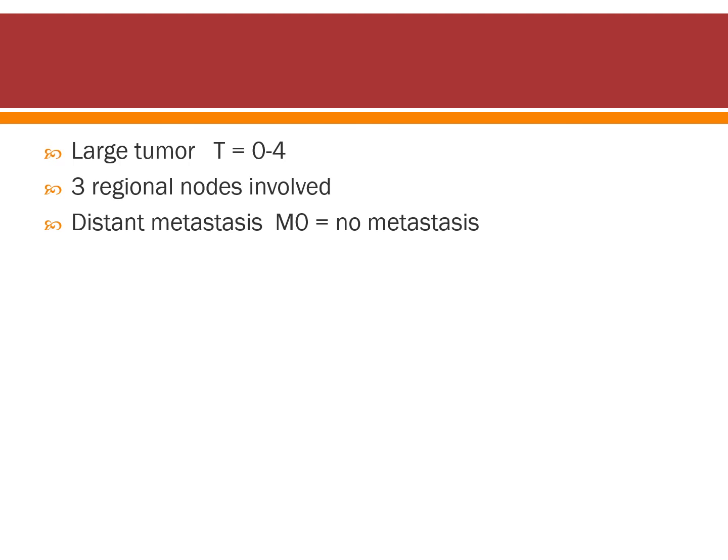There's definitely metastases going on, etc. But for your purposes, I need you to be familiar with the TNM system. So for this one, it was a large tumor. For the example we're given, there were 3 regional nodes involved, and we had distant metastases. All right. So spend some time on page 335, please, and really know that, because you will definitely be getting a question.